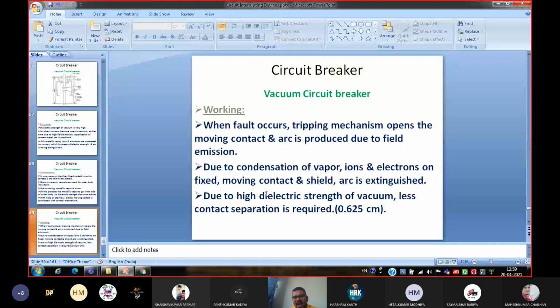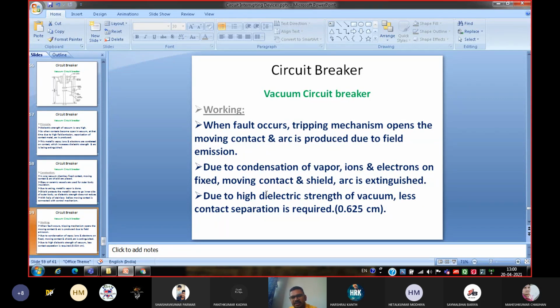Due to the high dielectric strength of vacuum, less contact separation is required, that is only 0.625 centimeter. The vacuum has high dielectric strength, which means the contact separation required is less, 0.625.